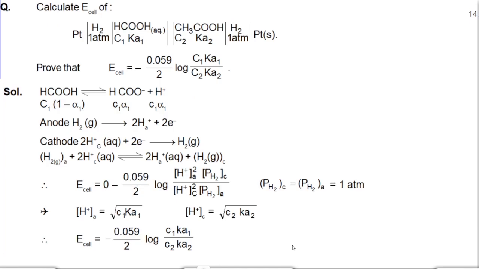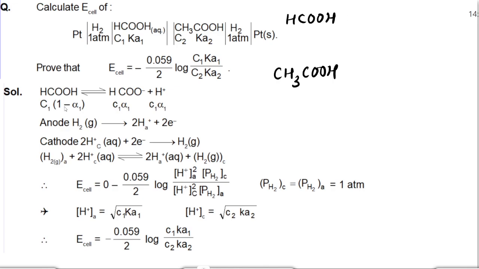Next is: calculate E cell of this particular cell and prove that E cell equals minus 0.059 upon 2 log of C1 Ka1 over C2 Ka2. Ka1 is for HCOOH and Ka2 is for HCOOH.